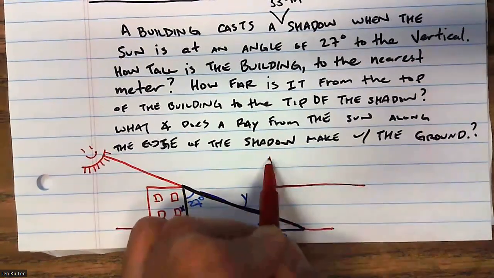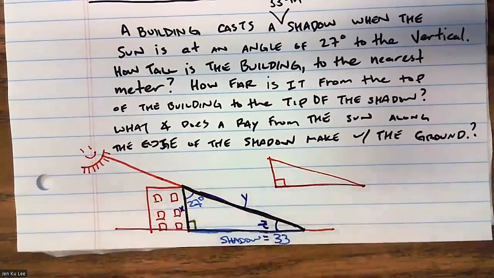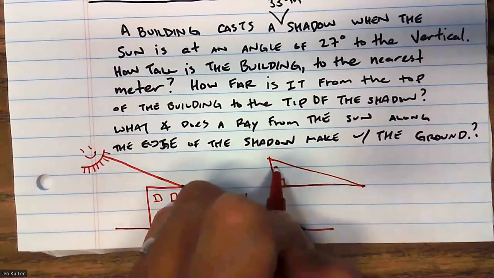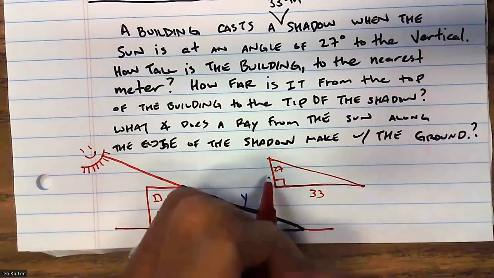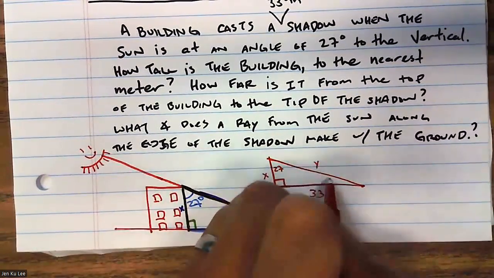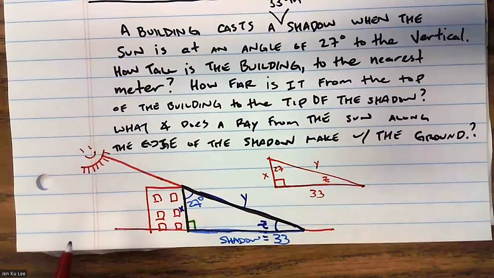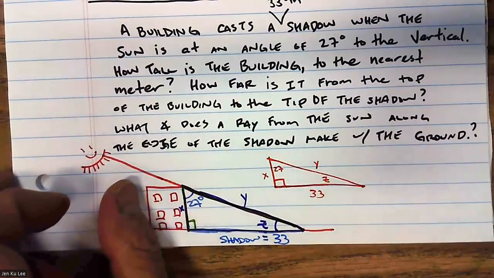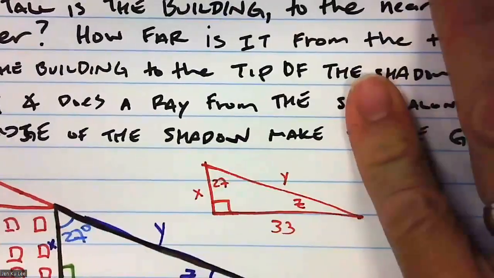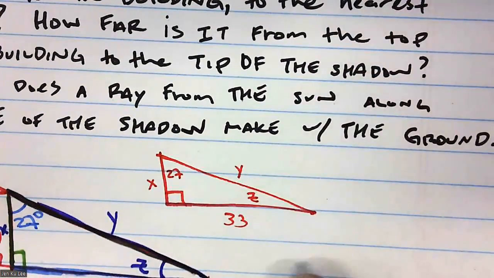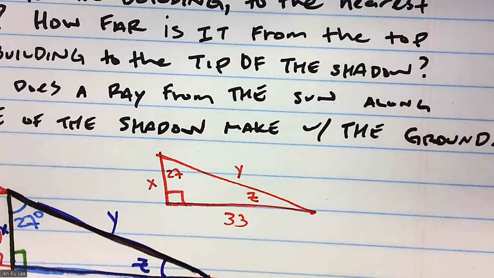Draw a basic right triangle. This is 27. This is 33. I want to find X, Y, and Z. Like that. And then you guys can do that from our last lesson.